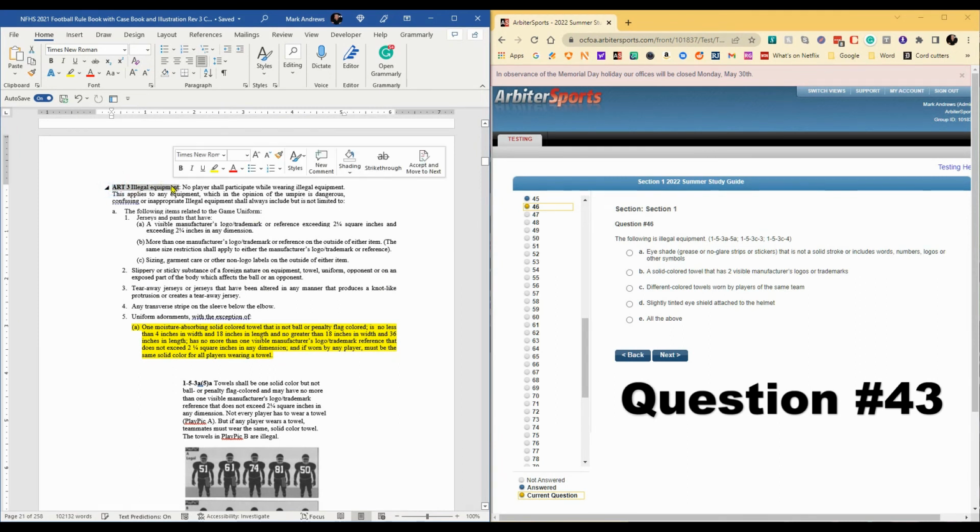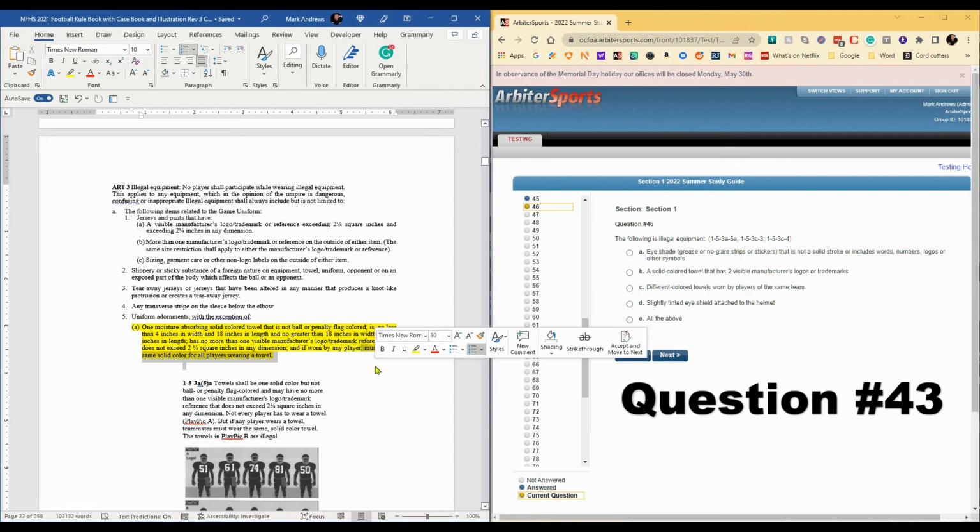So here's the restriction against towels that have more than one visible manufacturer's logo. And the towels must be the same solid color. So that's two of the four.